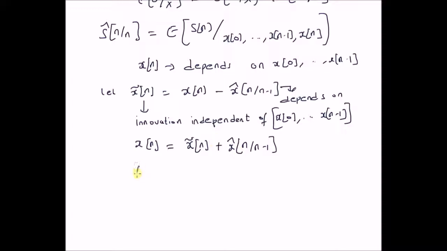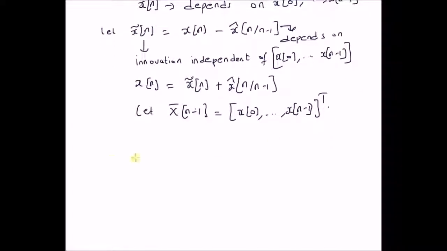previous observations. Now let us denote capital X bar of n minus 1 as a vector of observations from x of 0 to x of n minus 1. Basically x bar of n minus 1 is a vector of previous observations.